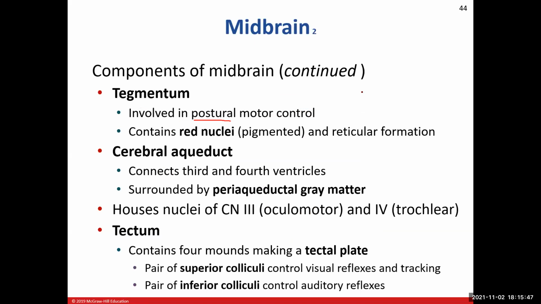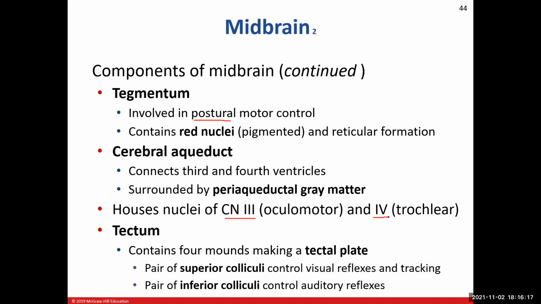Surrounding the cerebral aqueduct is this tissue called the periaqueductal gray, which again has to do with motor movement. Then we also have a couple of nuclei, remember, a nucleus is a cluster of cell bodies, for cranial nerve 3, which is oculomotor, and cranial nerve 4, which is our trochlear nerve. Both of those have to do with movements of the eye.